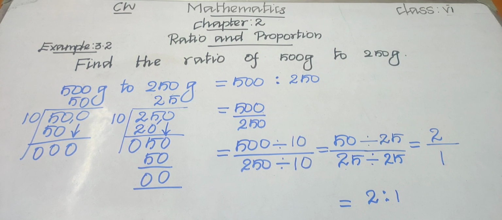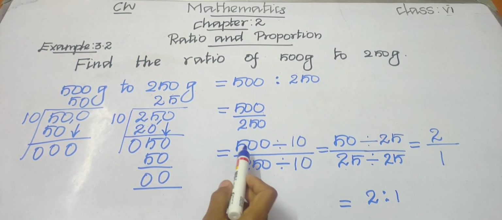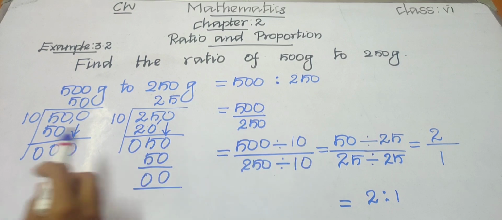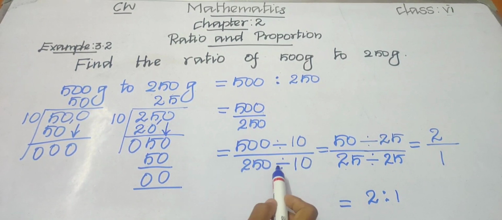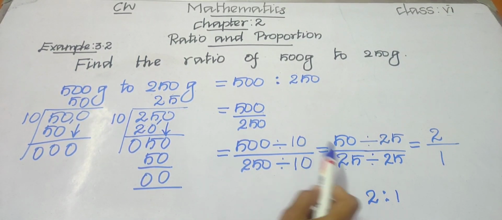So we need to divide by the same number in the numerator as well as in the denominator. If you divide 500 by 10, what will you get? We got 50, so we write 50. 250 divided by 10, what will you get? 25. So we got 50 by 25.